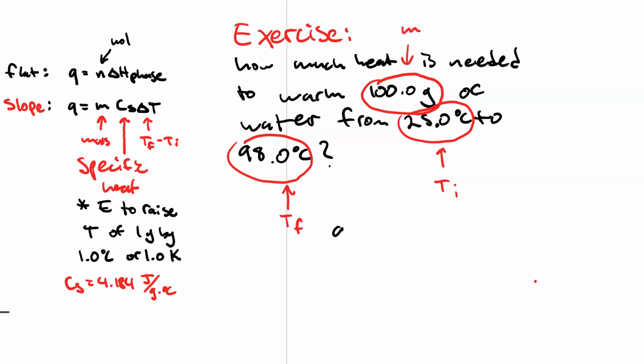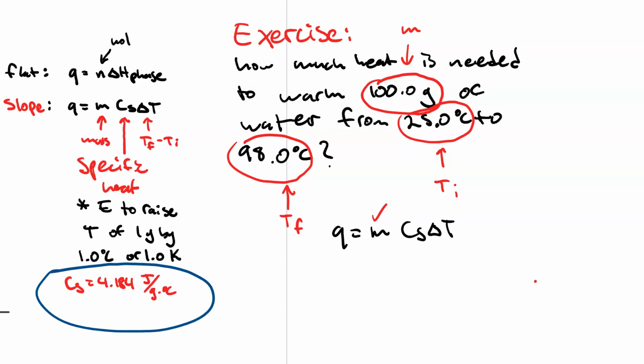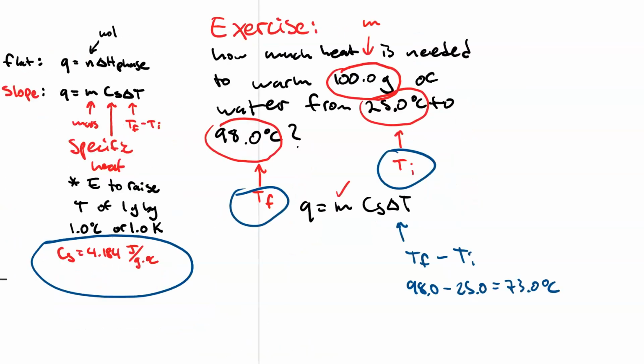Now, the equation we're going to use is Q equals m c_s delta T. We have m, and we know the value of c_s, it's 4.184 joules per gram degree C. Delta T, we're going to get by taking the final temperature, which we know, minus the initial temperature, which we also know. So we get a delta T of 98 minus 25 equals 73. Double check my math because you know I'm terrible at it.